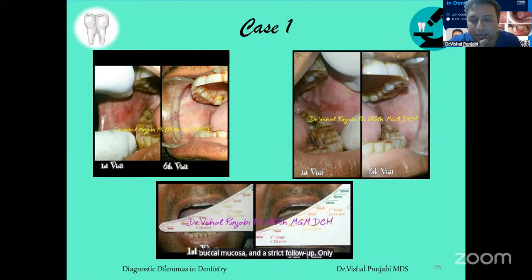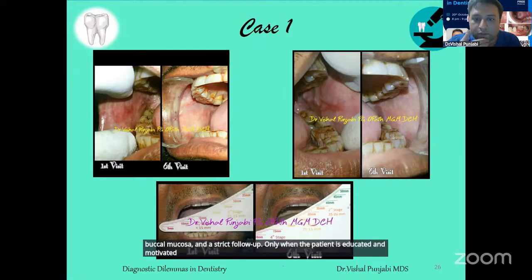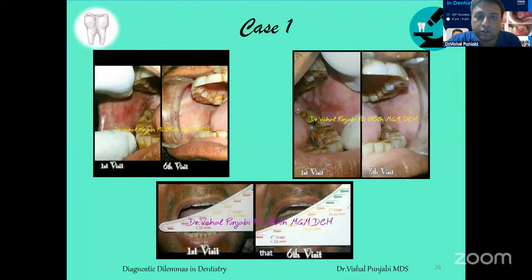Only when the patient is educated and motivated enough will they understand the seriousness, what could be the consequences if this thing remains unchecked. This particular condition, oral submucous fibrosis, can have a 7 to 23% chance of malignant transformation based on some recent literature, and it is ever increasing because it has so many multifactorial things to be considered.